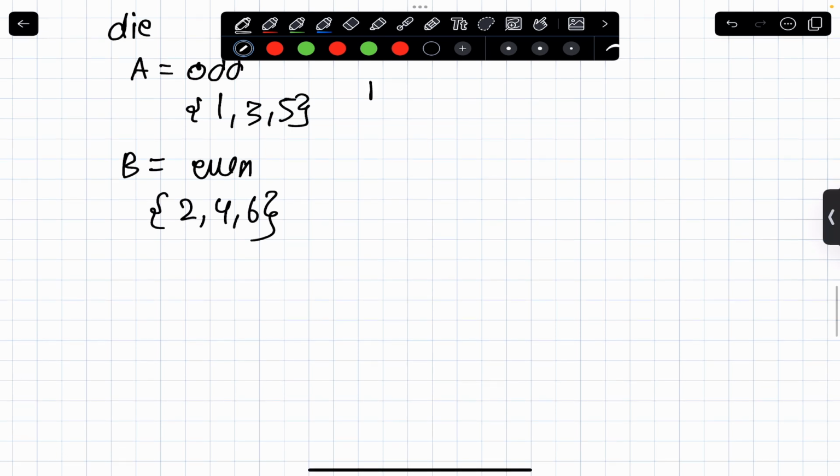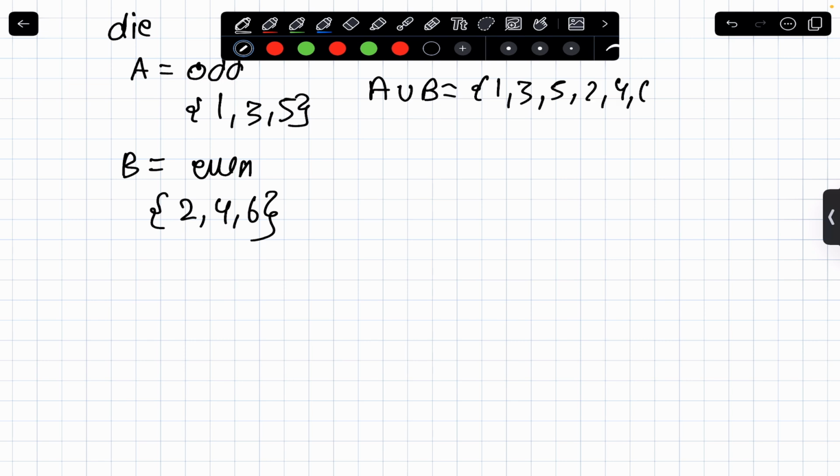What is the union of A and B? If there is nothing in common, we can still take the union of it. Is there anything common between them? No. If there is nothing common, we can still take the union. The union will be 1, 3, 5, 2, 4, 6, and if we arrange it, it will be 1, 2, 3, 4, 5, 6.